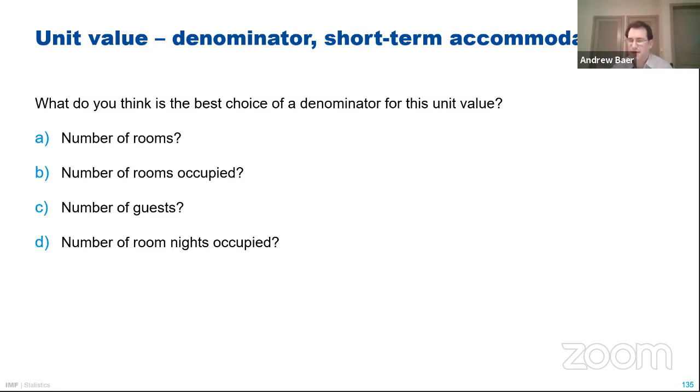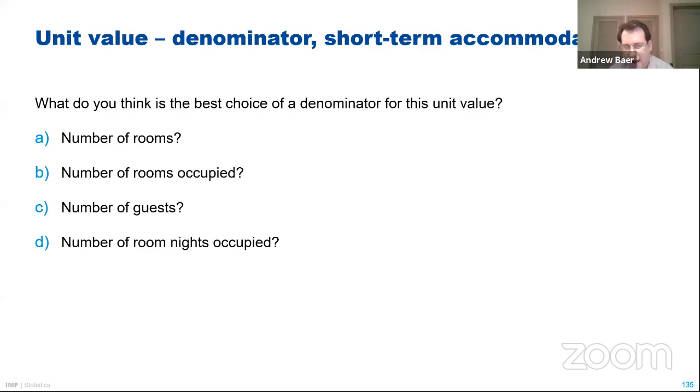So rooms occupied is really hard to make work practically because we need some other measure. The number of guests, no, that's not good because most hotels don't charge based on number of guests. Some might, but generally it's going to be based on rooms.